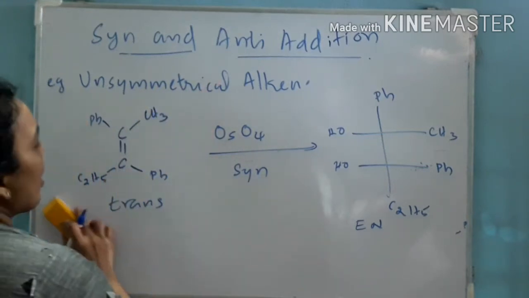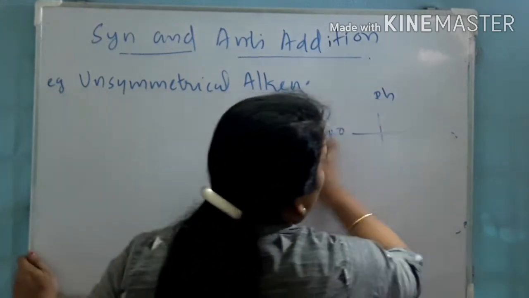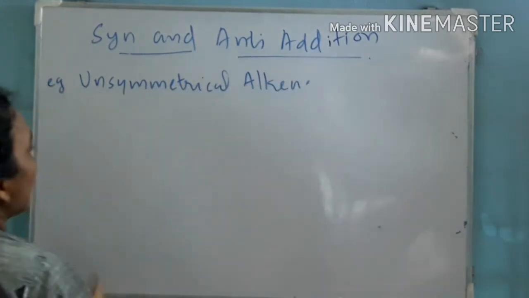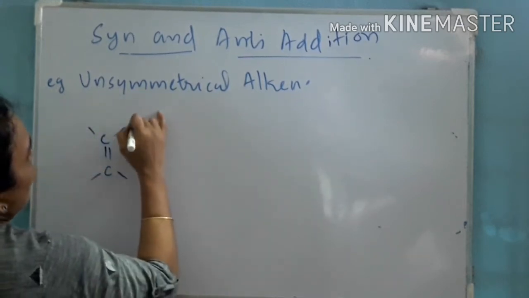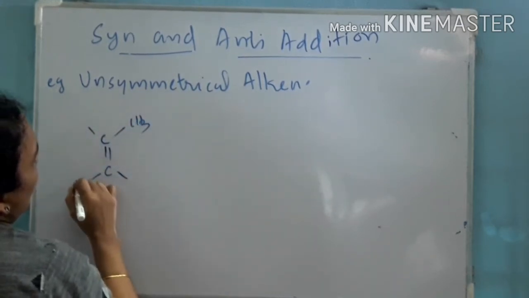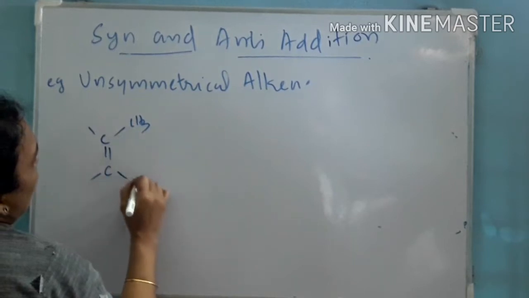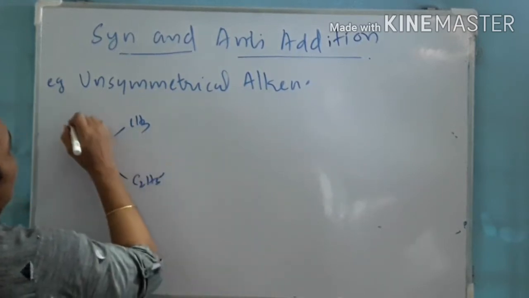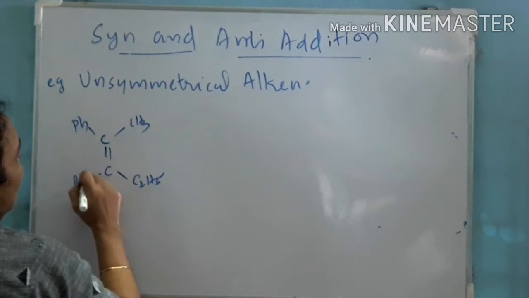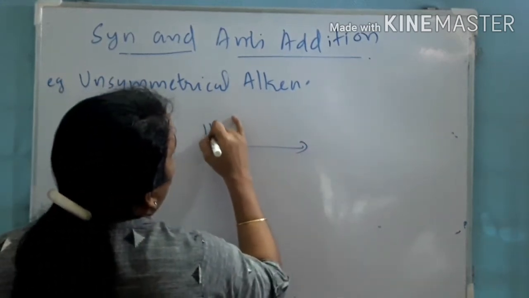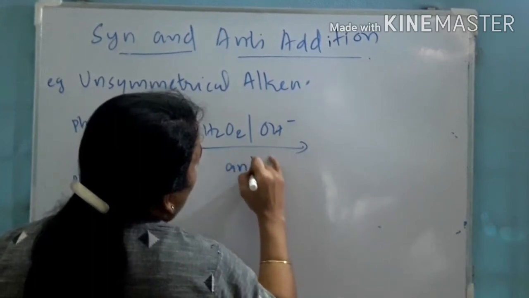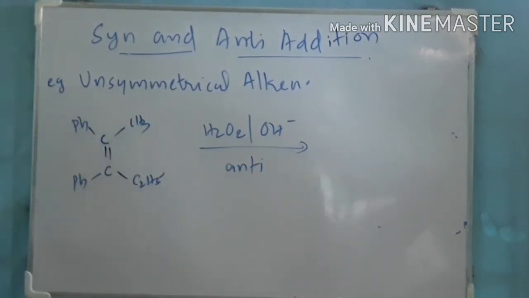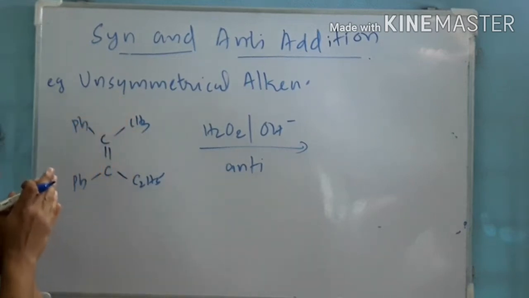Now let us see anti-addition. This is a cis isomer undergoing anti-addition. Here, the product is formed by the same method that we did in symmetrical alkene.